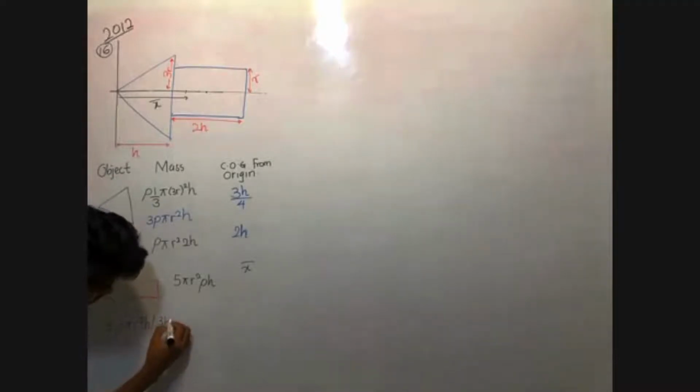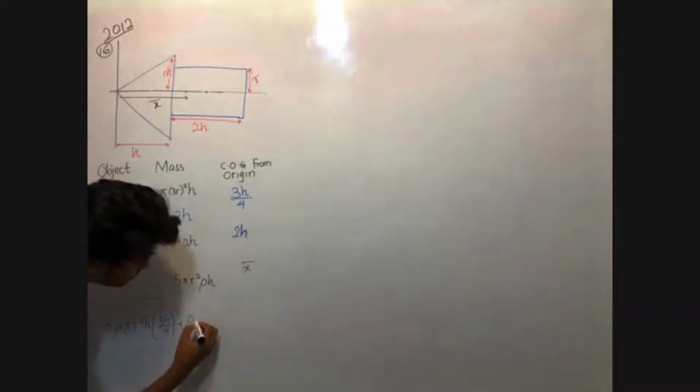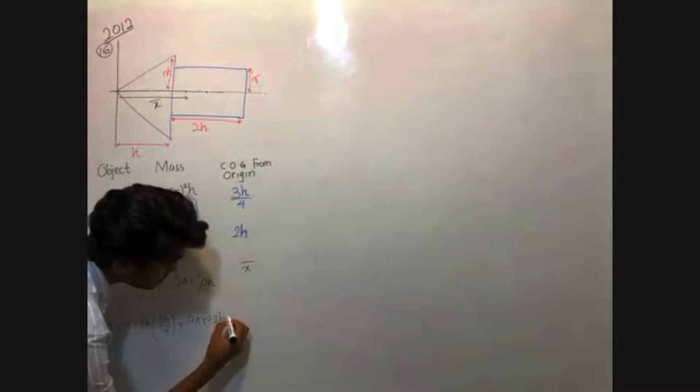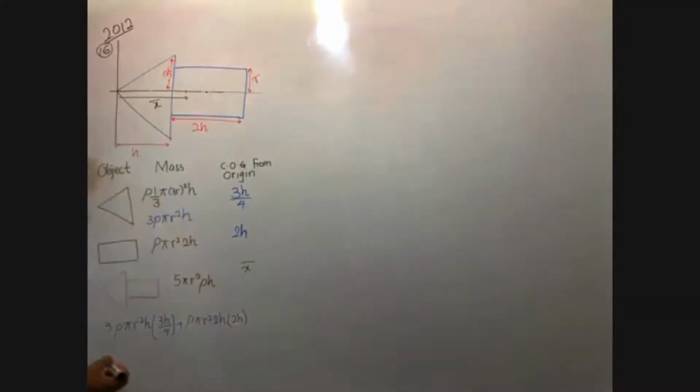So I'll use this space. This product: 3 rho 5 r squared h into 3h over 4, plus this product: 5 r squared 2h into 2h.